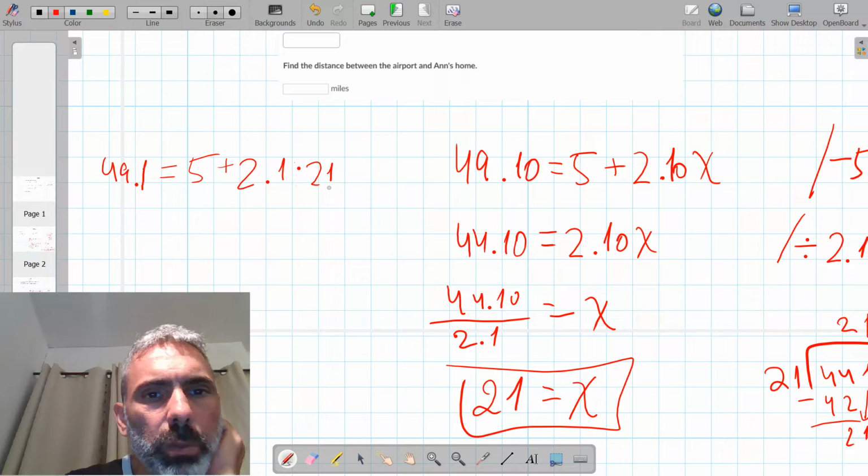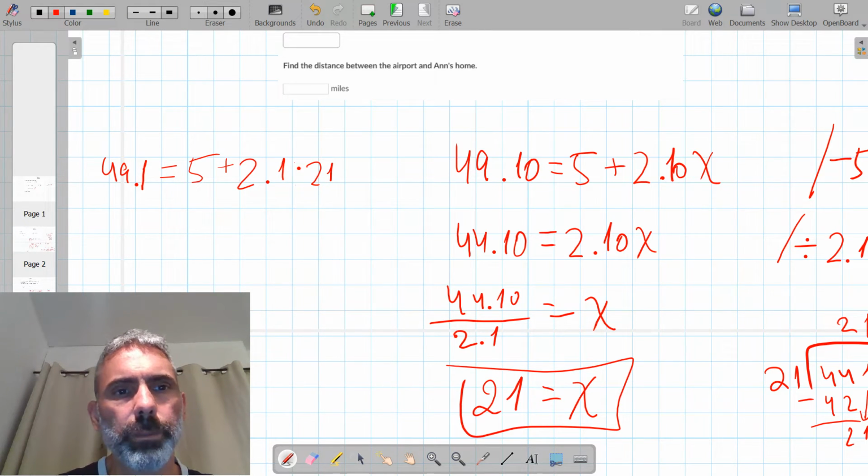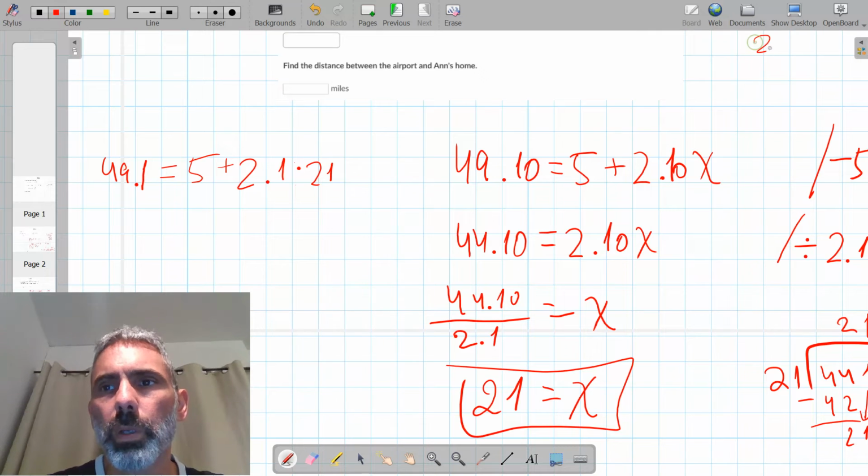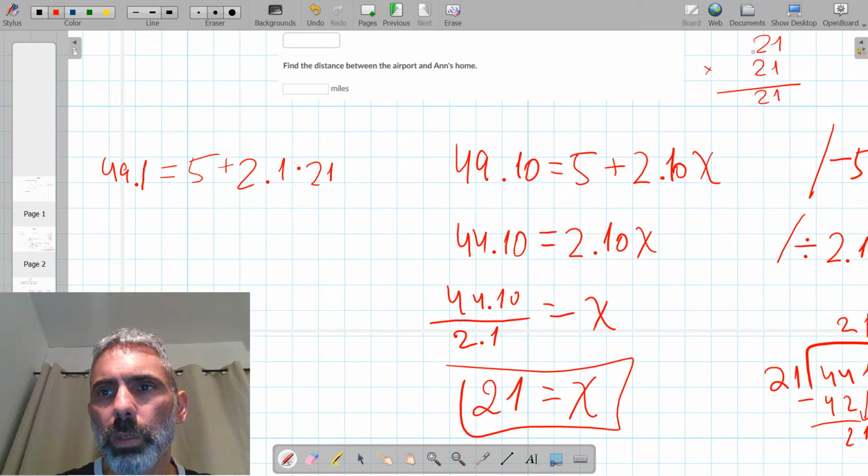Okay, so 2.1 times 21: 1 times 21 is 21, and 2 times 21 is 42.